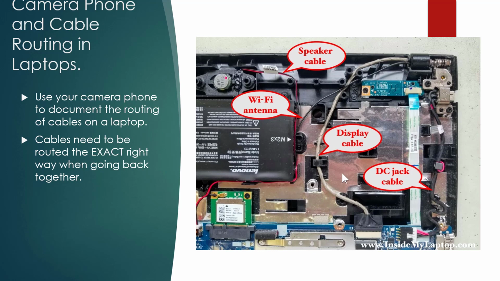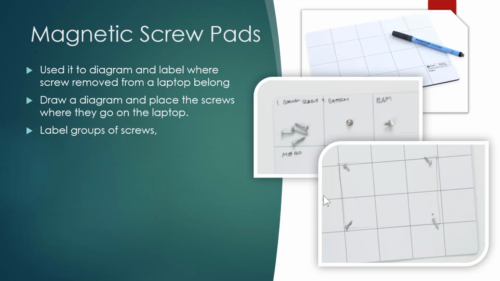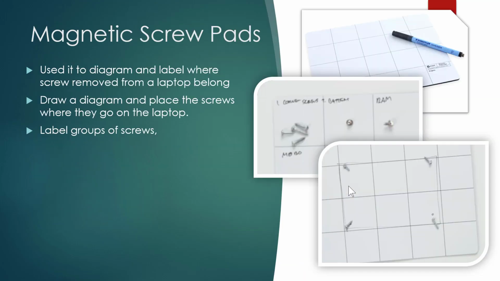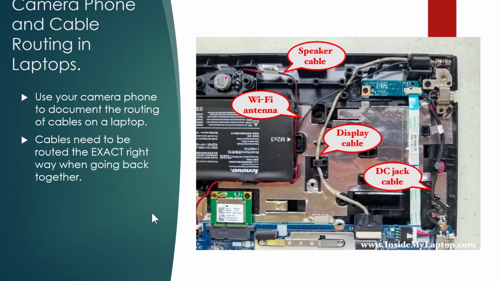These cables are run a very specific way for a reason, and if you don't get them back the right way, it will cause you problems. You could have a cable where a screw is supposed to go, so now you're trying to put a screw through a cable.